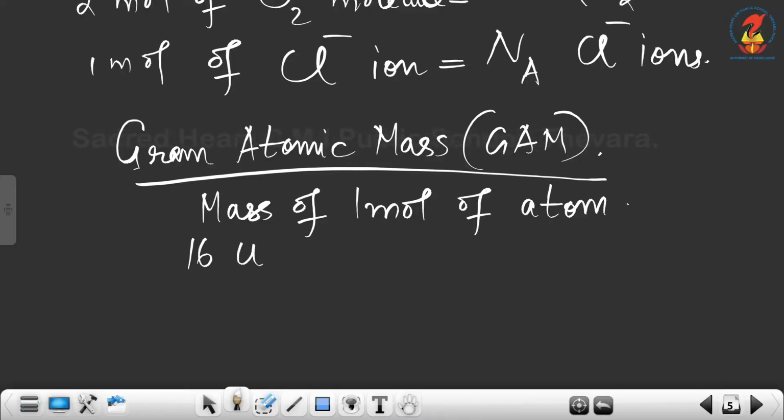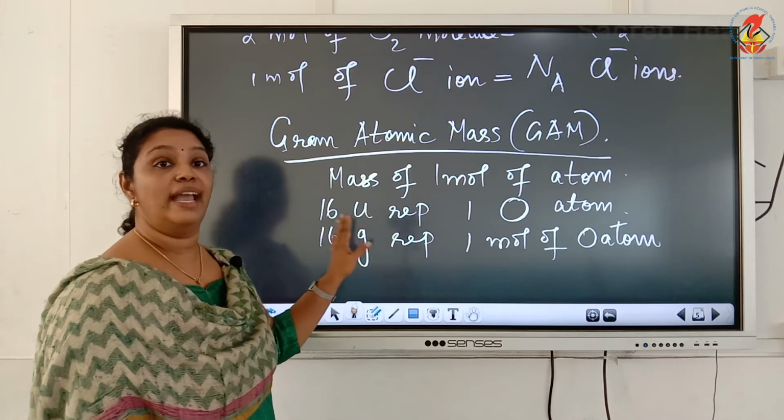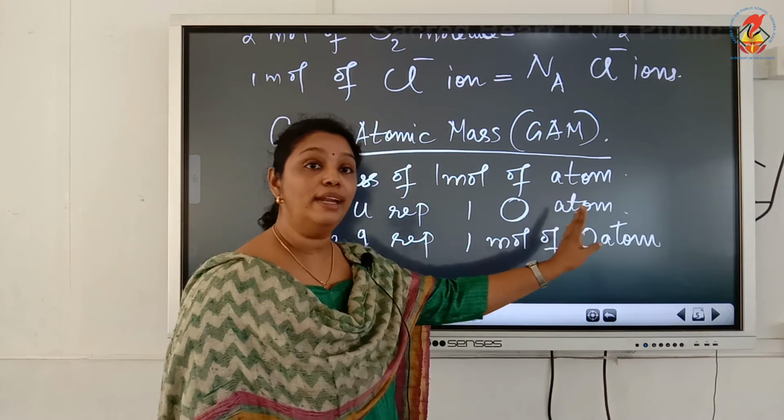16 U represents which atom? One oxygen atom, whereas 16 gram represents 1 mole of oxygen atom. This is the difference. So here 16 U means it is the atomic mass of oxygen. So it represents 1 oxygen atom.